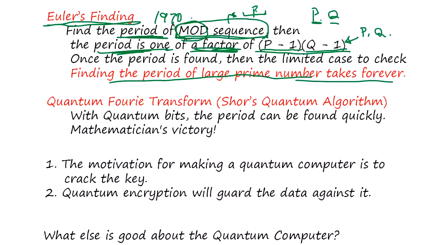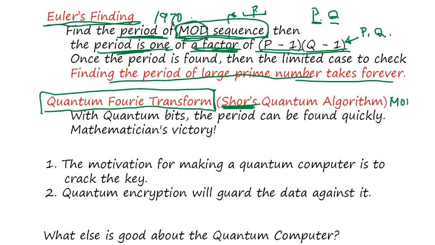But the breakthrough came when the mathematician, I think Shor, used the quantum Fourier transform. Quantum Fourier transform means analyzing the frequency of data, like the modulo sequence of the encrypted data, and there are many possible frequencies.